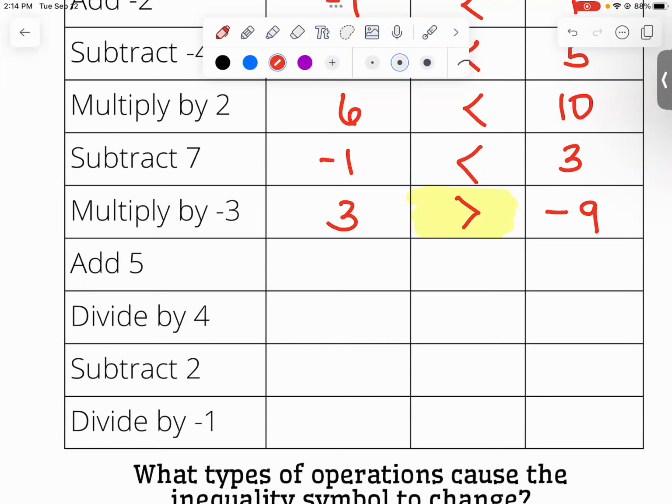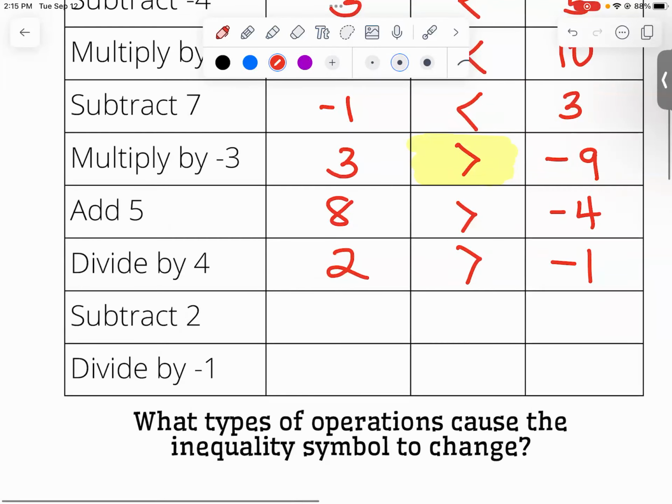Okay. If we add 5, okay, 8's the bigger number. If we divide by 4, 2 is the bigger number. If we subtract 2, 0 is the bigger number. Just follow along for now. Okay.